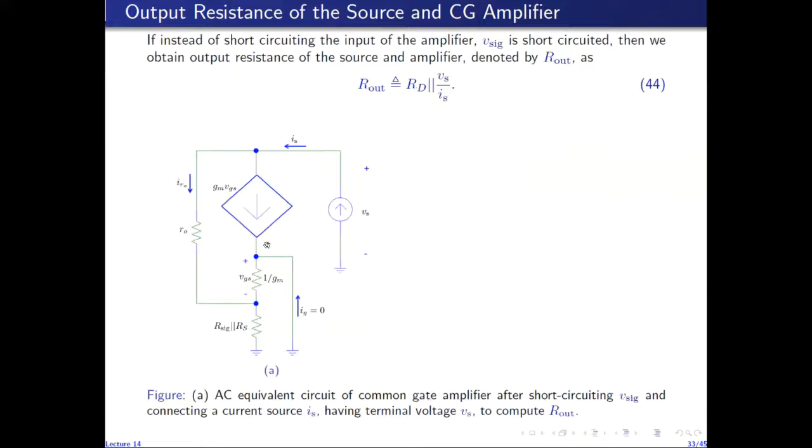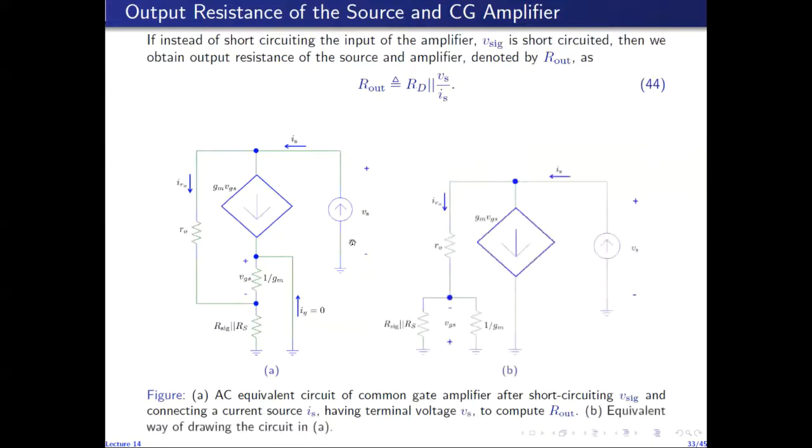And this resistance is again found by connecting a current source between drain and ground, and then measuring its terminal voltage. So we can redraw this circuit in a way which makes it easier to analyze.